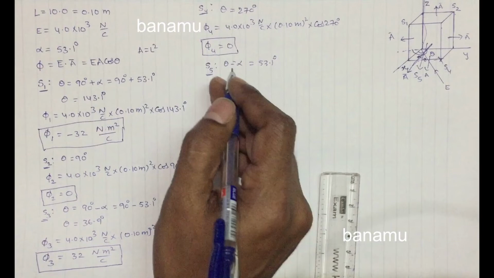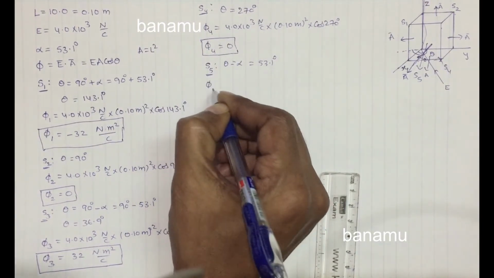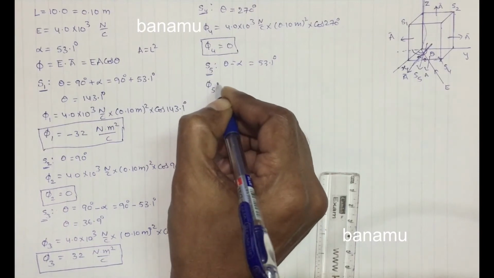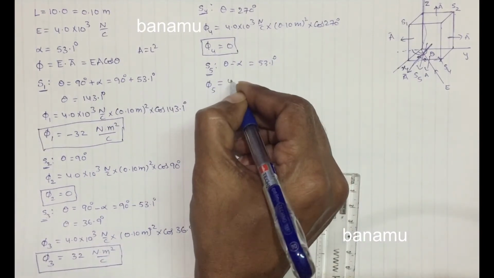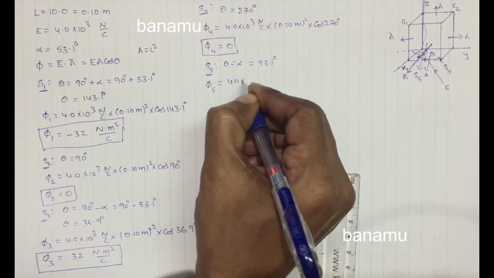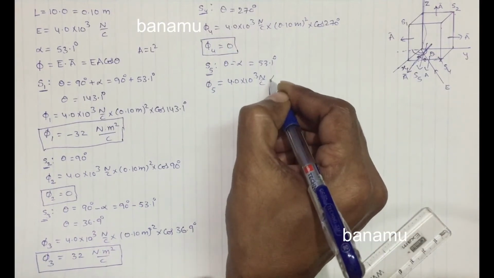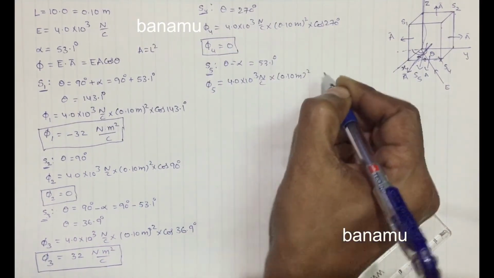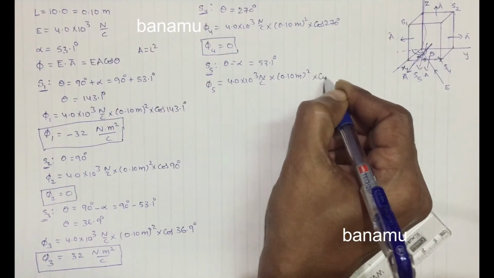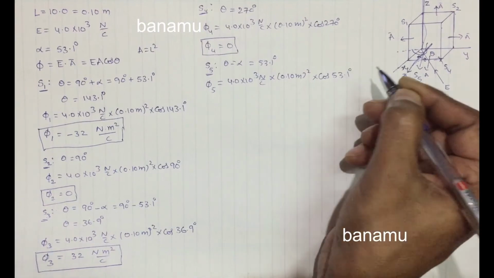So the electric flux at the surface S5, phi 5, is equal to the electric field, 4 times 10 to the power of 3 Newton per Coulomb, times the area, 0.1 meter squared, times cos 53.1 degrees.